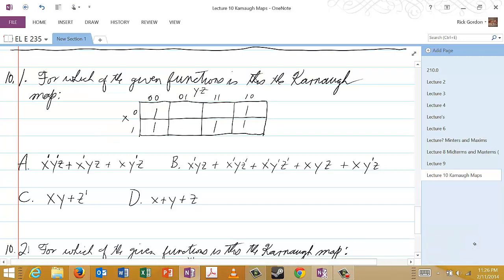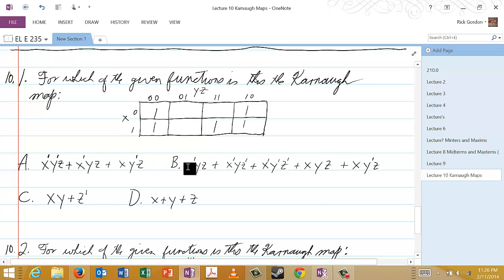So now we finish up this lecture by looking at the two problems. Problem 10.1 says, for which of the given functions is this the Karnaugh map? So we have a Karnaugh map here, and for the functions, A, we have x prime y prime z, or x prime y z, or x y prime z.